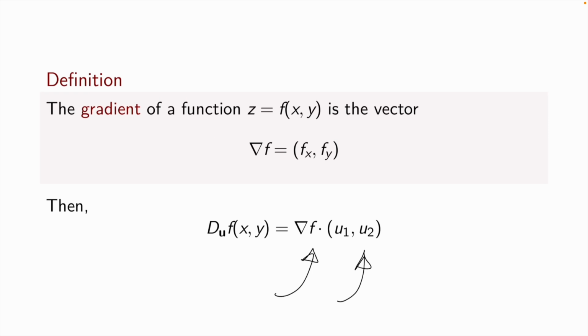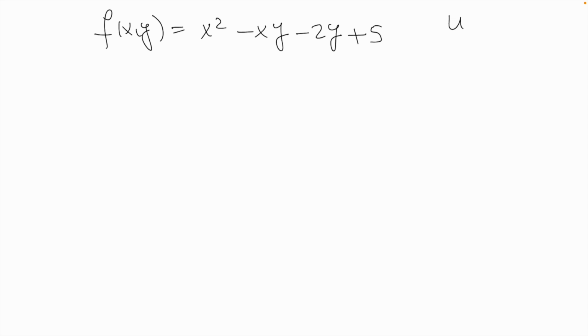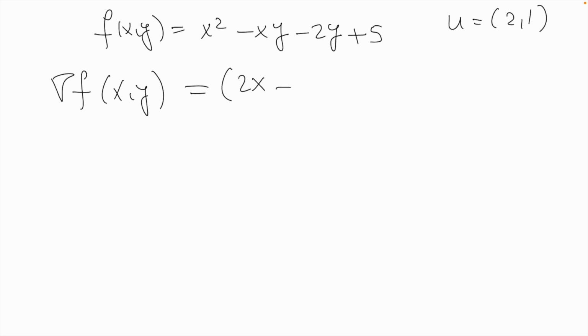For example, in our previous example where we calculated the directional derivative of this function in the direction of this vector, we can now calculate it directly. The gradient of the function is the vector (2x minus y, minus x minus 2), the two partial derivatives that we calculated before.